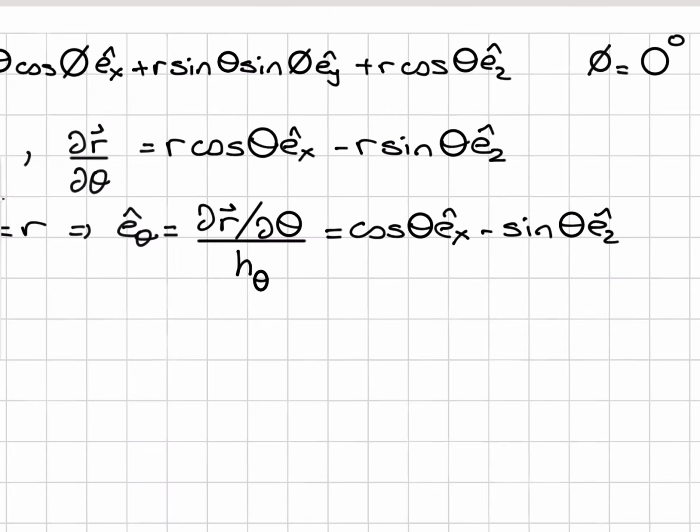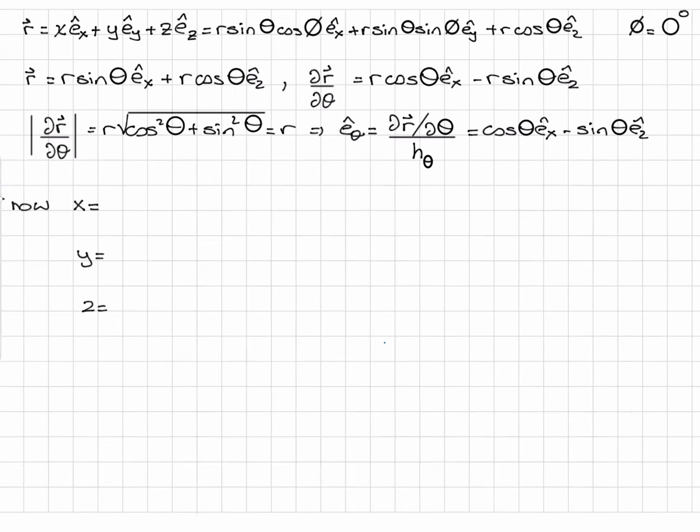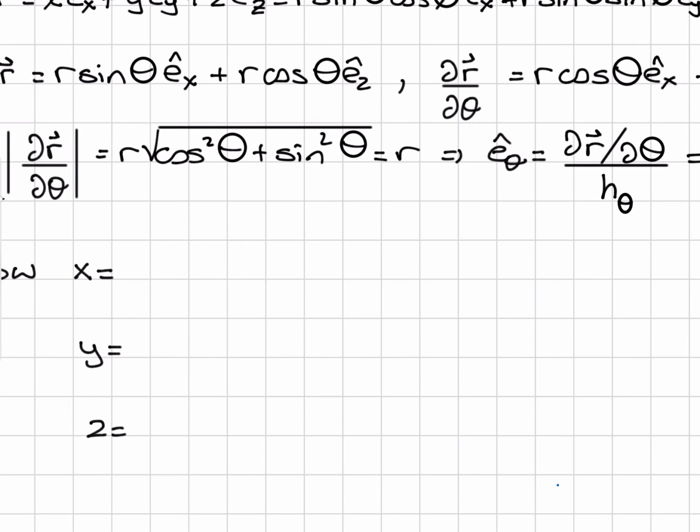All right. And now we have the transformation between Cartesian and spherical coordinates. X is equal to r sine theta cosine phi, but since phi is equal to 0 degrees on the xz plane, this is equal to r sine theta.